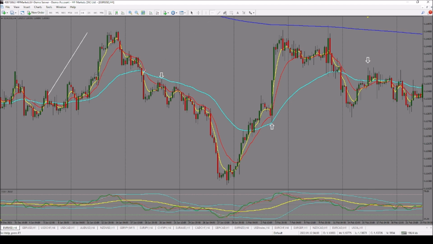But we can see that we had this as our last higher high, our last lower low, like this. And the price came back to this nearest.